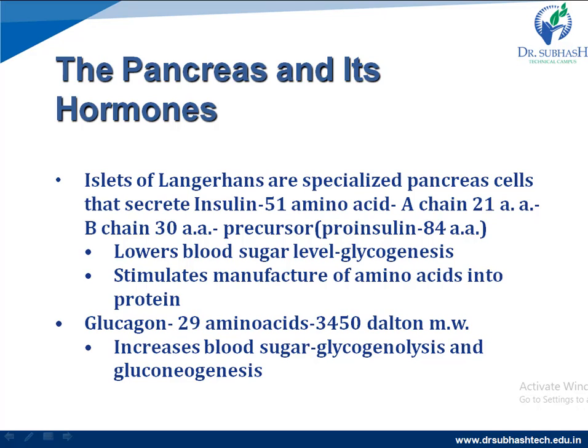One thing is clear: insulin and glucagon work exactly opposite to each other. Insulin is responsible for the reduction of blood sugar level, whereas glucagon increases the blood sugar level. It depends on the physiological conditions where it is necessary.